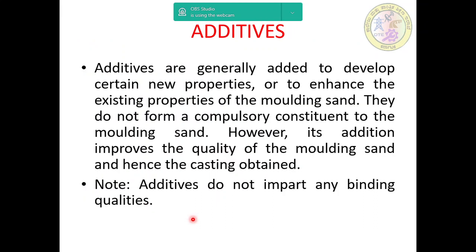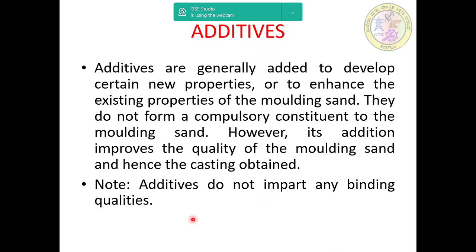Next we'll go for additives. Additives are generally added to develop certain new properties or to enhance the existing properties of the molding sand or foundry sand. They are not a compulsory constituent of the molding sand.